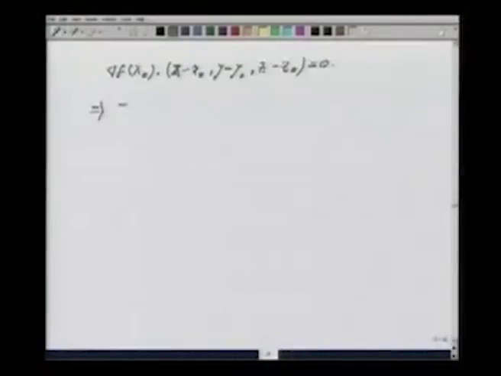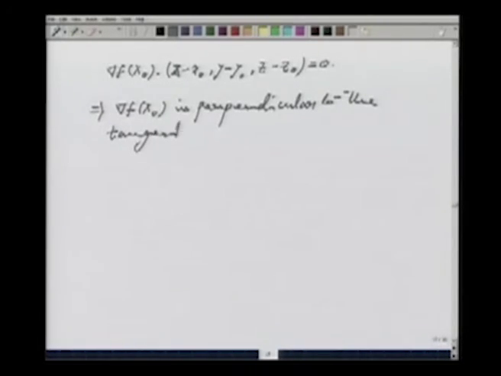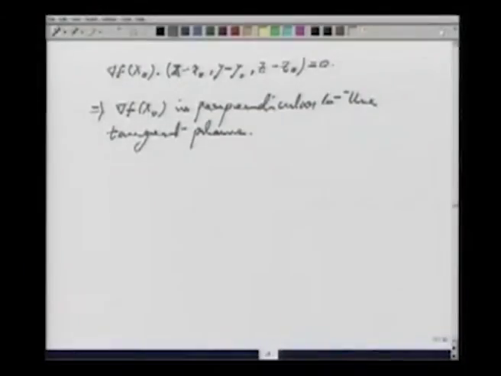This implies grad f at x naught is perpendicular to the tangent plane. Because we know that if the dot product of two vectors is 0, then the vectors are perpendicular to each other. I am using the same technique here: if I take any vector in the tangent plane, then the vector grad f is perpendicular to that. That means the vector grad f at x naught is actually perpendicular to the tangent plane.